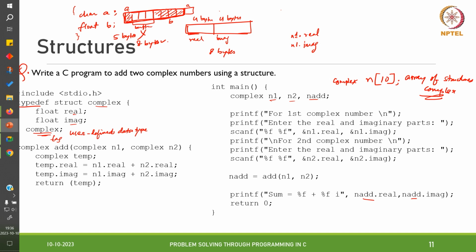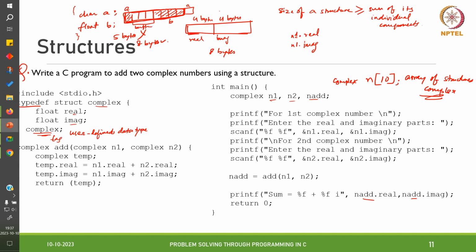So the size of a structure is greater than or equal to the sum of its individual components. It can be equal when the components are of the same type or occupy the same amount of memory. For example, if float and int are used, both occupy 4 bytes, that is fine.